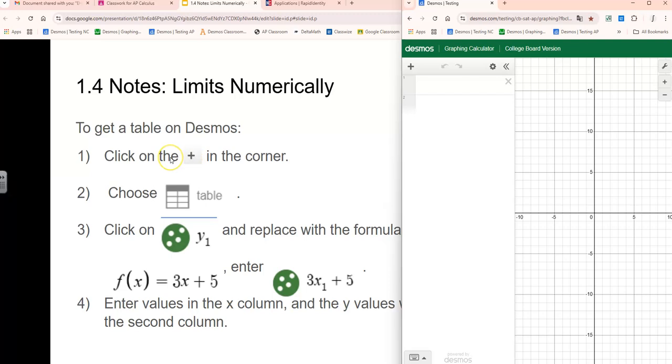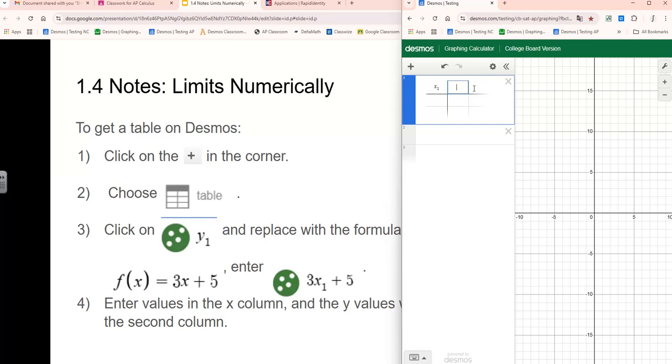So if you're looking for a table for a function, you are going to click the plus sign and tell it table. That's pretty intuitive there. And then over here is where it's a little bit tricky. If I want a formula, actually I think there might be two ways we can do this. I think we have to use the x1 though.